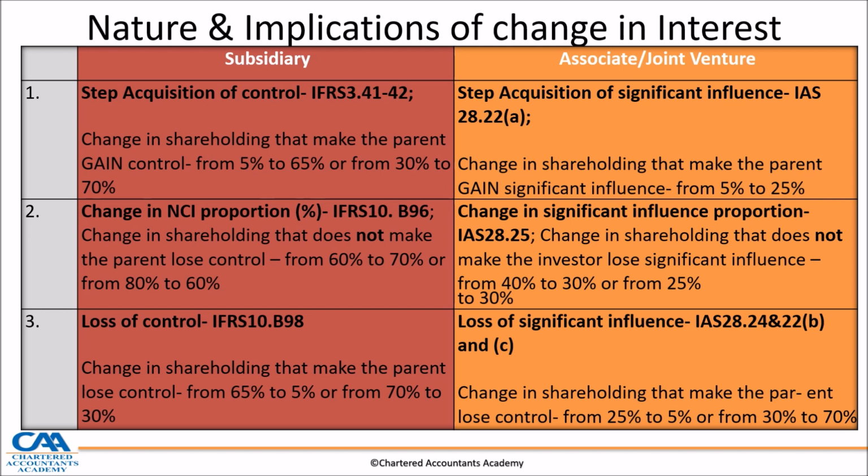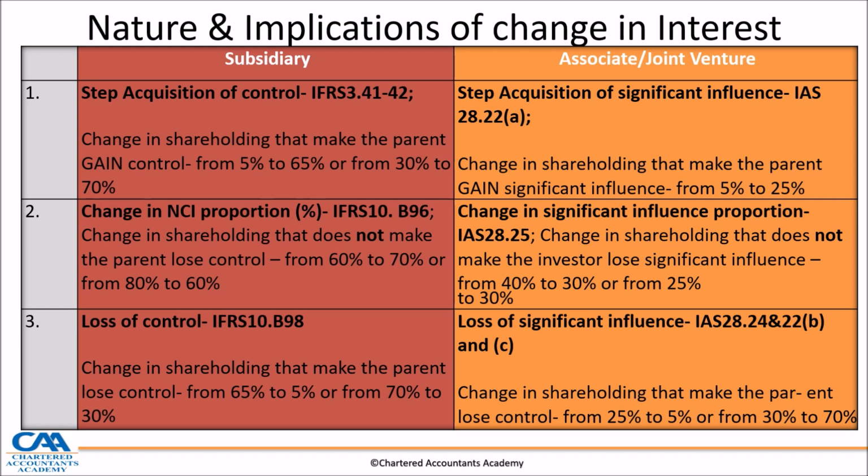On the contrary, similar change would also happen with an associate. Loss of control is where the control that a parent or acquirer is holding is actually lost. So if you have 65% and you sell your 60% and end up with 5%, which is a financial asset under IFRS 9, that's crossing accounting boundary.